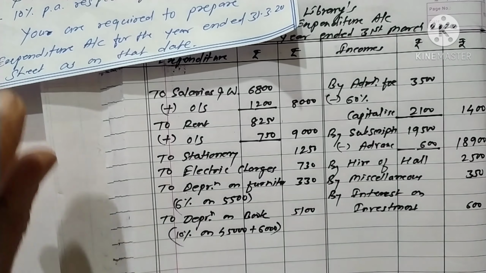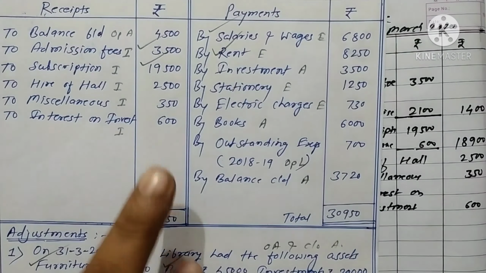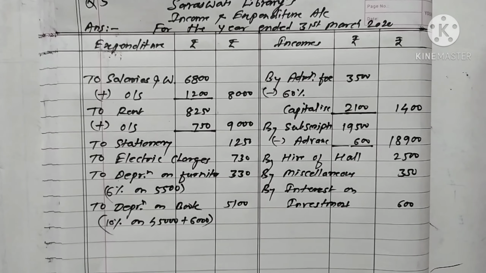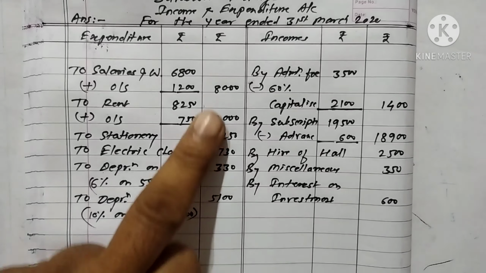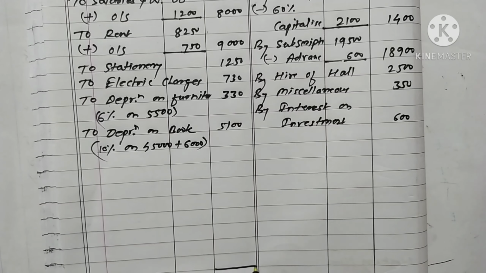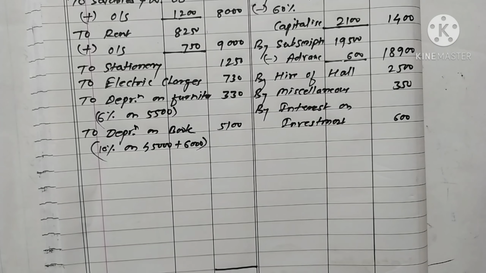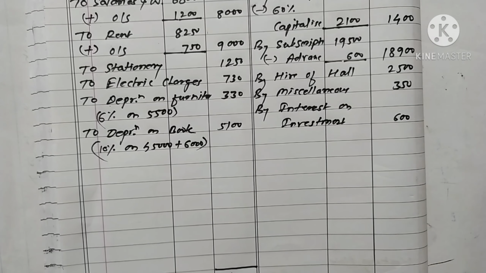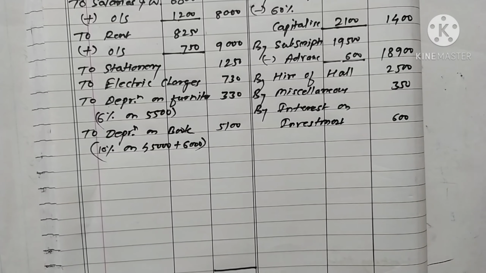Okay. Now see again once. Nothing else. We go to close the income and expenditure account. In this question, the total of the debit side is greater than the income side. First we make the total of the debit side. Total of the debit side comes to rupees 24,410.